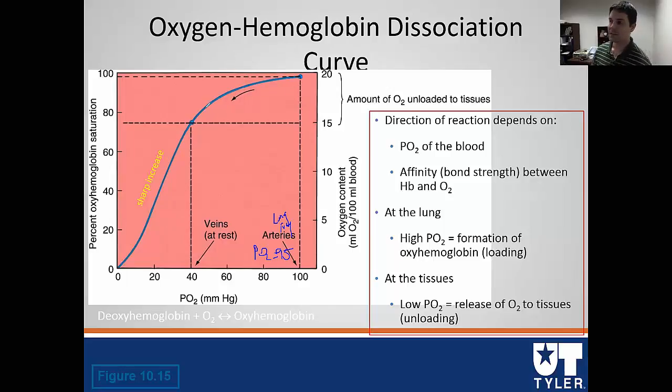So this is important. It's also important to note that maybe if we have some type of disorder, some type of VQ mismatch, as we talked about in the last lab, if we're not getting adequate ventilation, maybe our PO2s are low or we're getting low blood flow, what are we going to pick up? So you'll notice that this curve is actually very flat at the top, right? We have a near plateau.